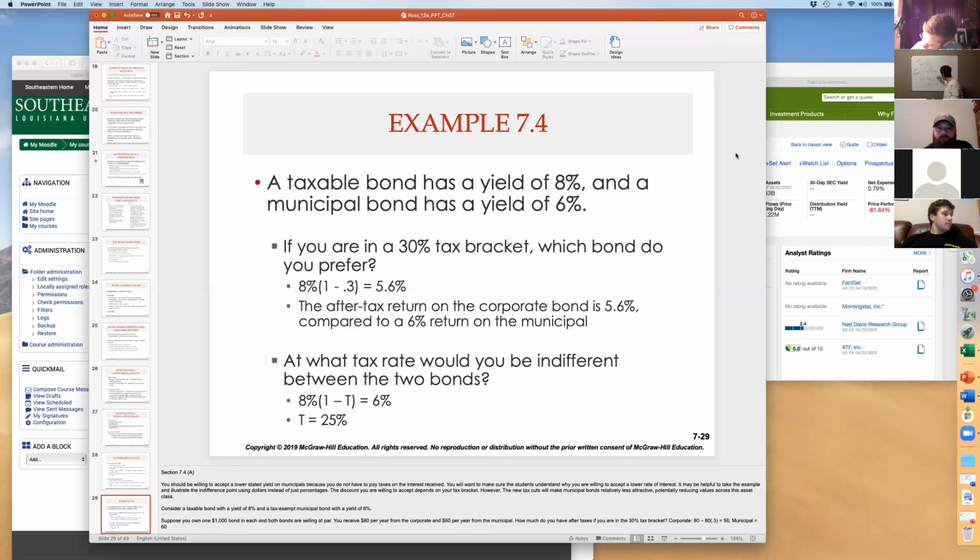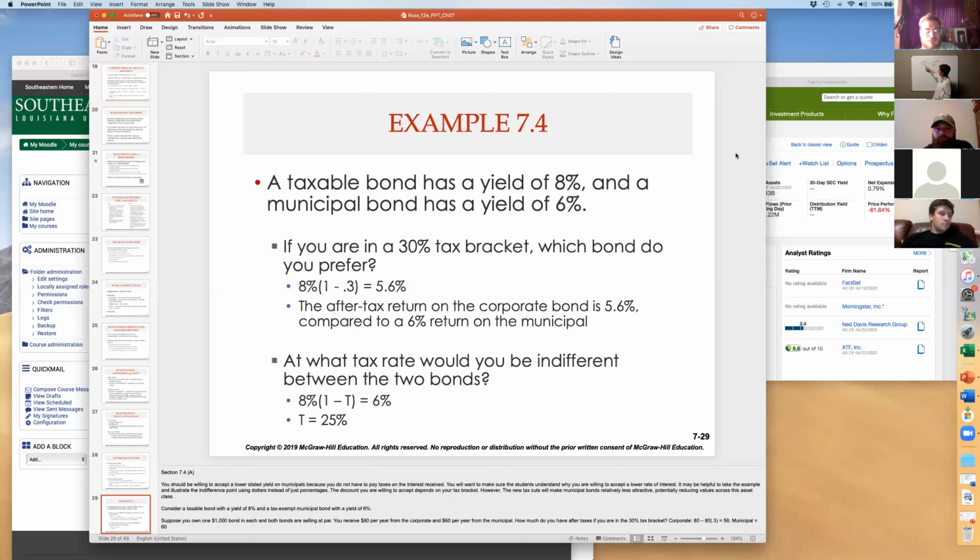Now, the second part of the problem says, at what tax rate would you be indifferent between these two investments? The word indifferent, you should think of as equal, all right? They're equal. Your after-tax rate on your muni would be equal to your after-tax rate on your taxable bond.